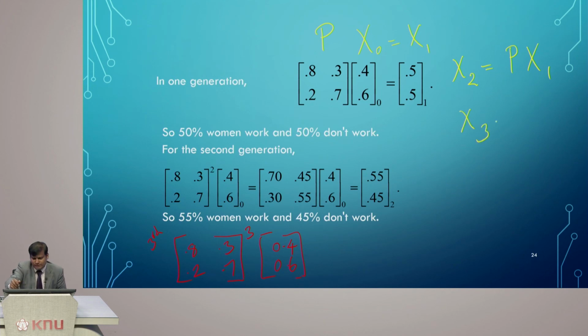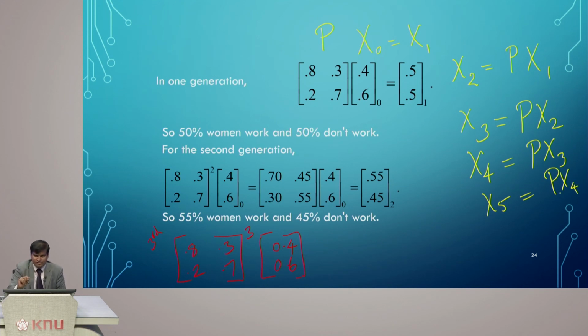If you want to do x3 for the third generation, you can use the second generation. x4, again, the whole process can be repeated again and again. In the same way, on the other hand, you know that this is like p square or p power 3.